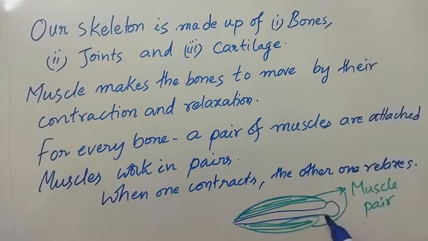Out of these two muscles, if one is contracting, the other one relaxes. Muscles always work in pairs. When one muscle is in contracting condition, its opposite muscle will be in its relaxing condition.